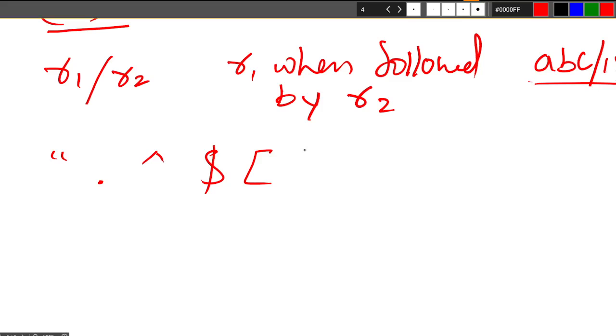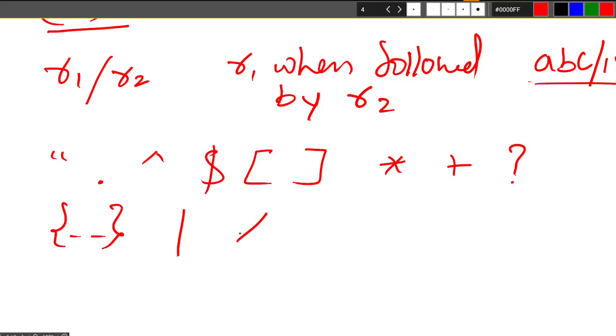You have seen a bracket to specify or between several characters. You have seen the closure operation, plus symbol, already you know. Question mark you have seen, 0 or 1 occurrence. You have seen this symbol to represent the range of numbers you want. You have seen the OR operation as well as this when operation. So we have seen these few things.